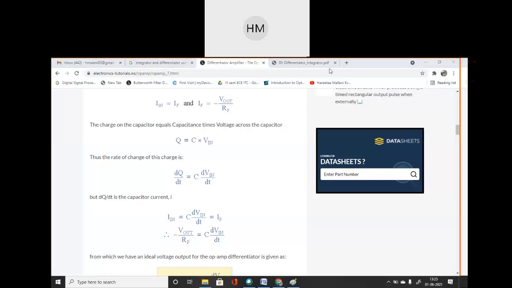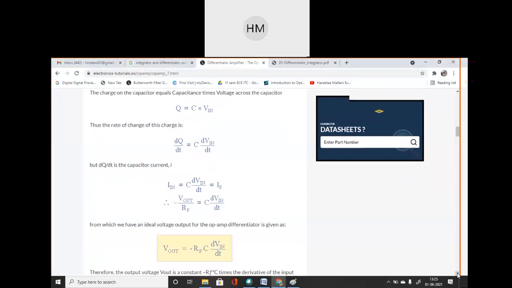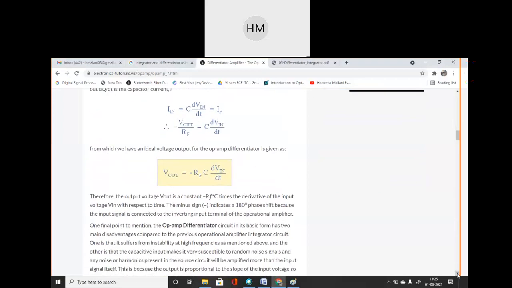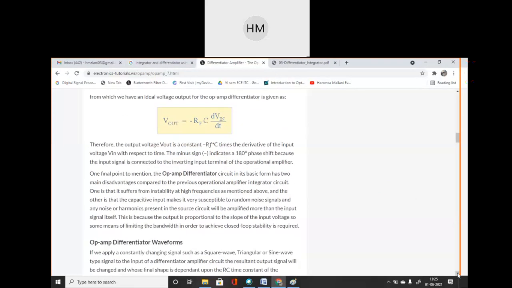You are writing all these basic things in your copy. So this is totally the theoretical part of this experiment. I'm discussing it because the theory subject is not related with this lab. So V out is equal to minus RF C dV in by dt.